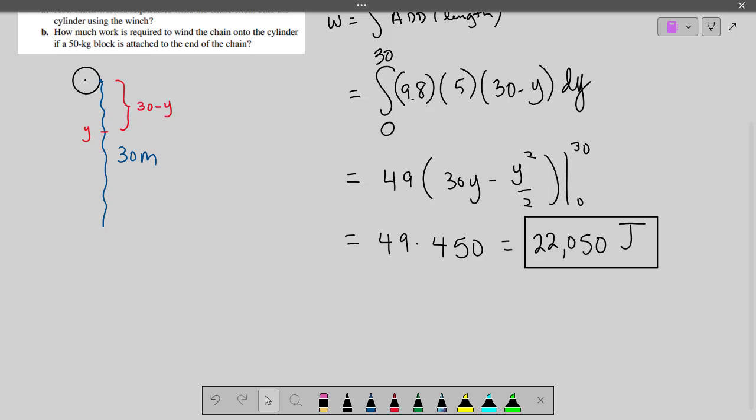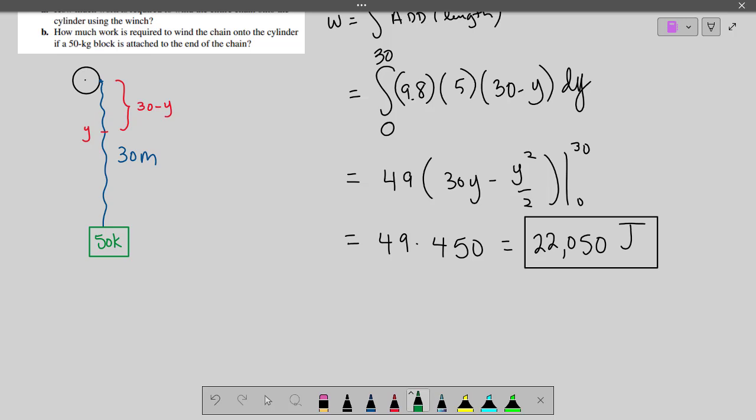Now they ask a follow-up question and they say, all right, now let's attach a block to the end of this. And this block is going to weigh 50 kilograms. So the way we think of this is that we are winding up the chain, and there's going to be work in winding up the chain. Then there's also going to be work in lifting the block. And we can separate the two.